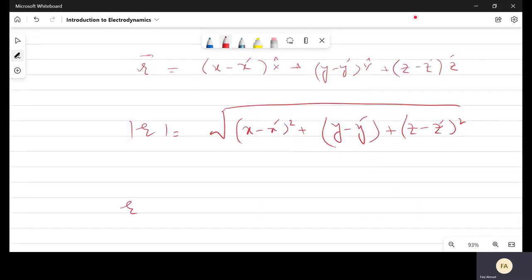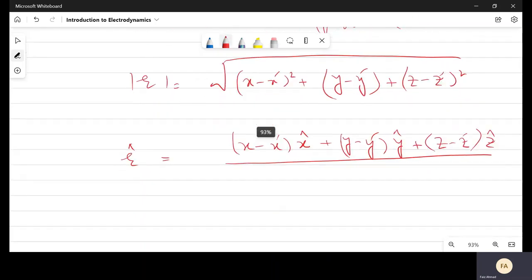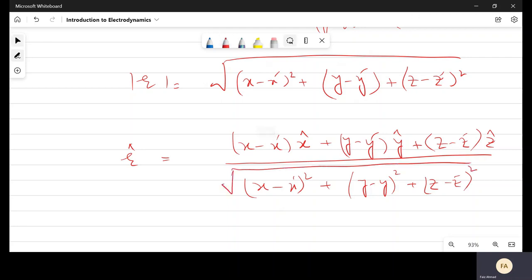And our unit vector will be x minus x prime times x unit vector plus y minus y prime times y unit vector plus z minus z prime times z unit vector, divided by the magnitude, the square root of x minus x prime squared plus y minus y prime squared plus z minus z prime squared.